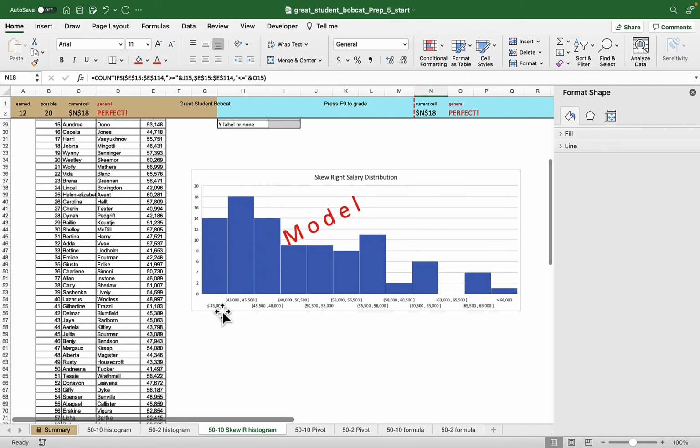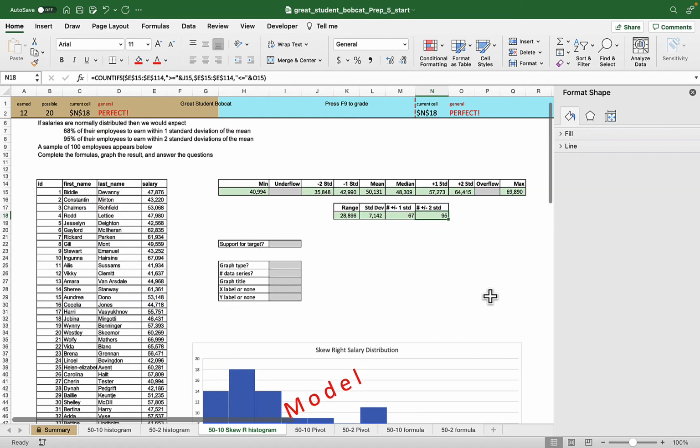Now let's look here. We have 43,000 at the lower bound and 68,000 at the upper bound. Now, what's interesting about this is that the underflow is significantly different.